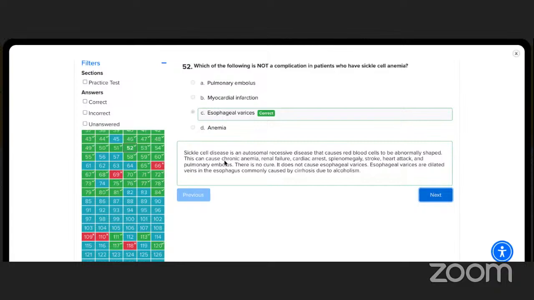This can cause chronic anemia, renal failure, cardiac arrest, splenomegaly, stroke, heart attack, and pulmonary embolism, right? So that covers A and B. There is no cure. It does not cause esophageal varices. Esophageal varices are dilated veins in the esophagus commonly caused by cirrhosis due to alcoholism. All right, so it's not a complication, but the other three are.